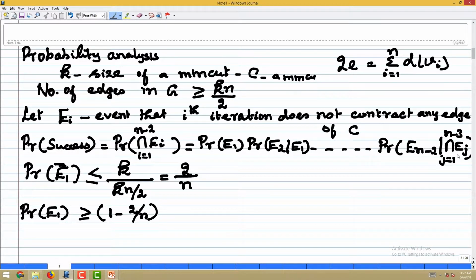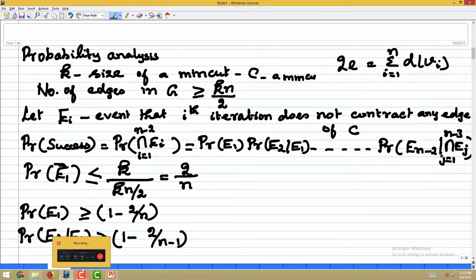Okay. So, we have to estimate these probabilities and multiply. Probability of E1 is greater than or equal to 1 minus 2 by n. Now, consider probability of E2 given E1. This is greater than or equal to, can you tell me? 1 minus 2 by n minus 1. Okay.